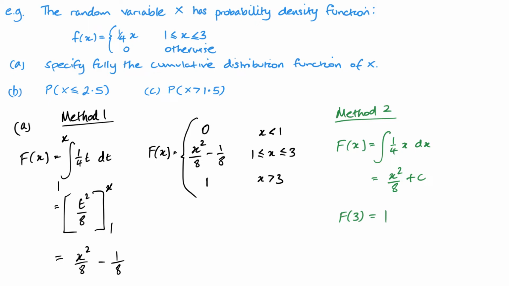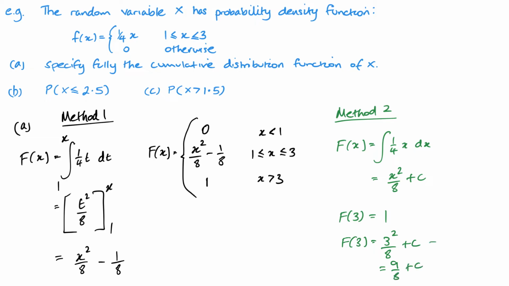So if I substitute 3 into here, I'm going to get, so f of 3 is simply 3 squared over 8 plus c. So 3 squared is 9. So we get 9 over 8 plus c.